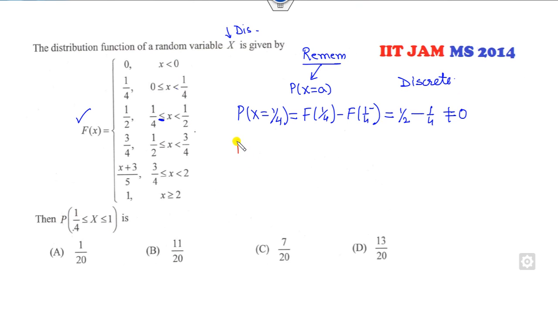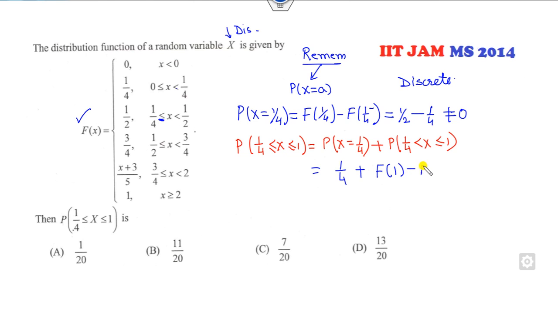Now, how can you find this value, P(X less than or equal to 1)? I can break this into P(X = 1/4) plus the probability of 1/4 less than X less than or equal to 1. The value at X = 1/4 I computed here, it is 1 over 4. I can write the second as F(1) minus F(1/4). What is F(1)?